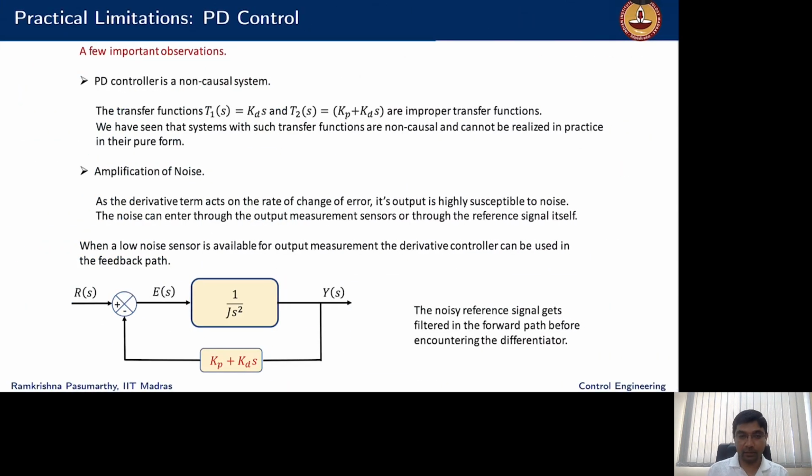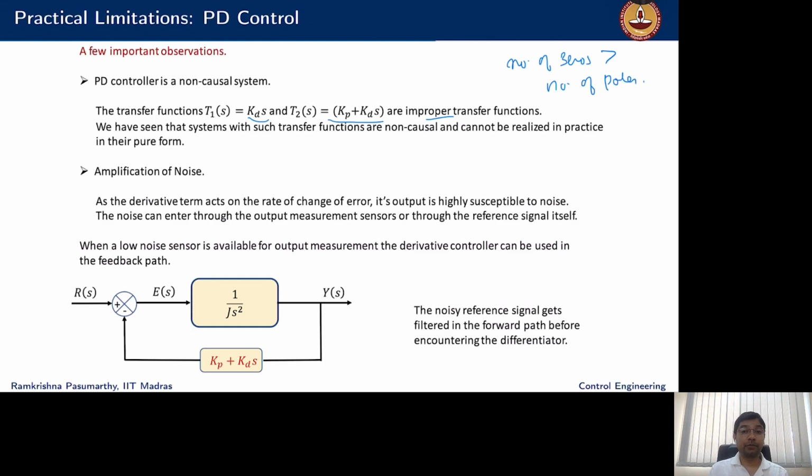Okay, what are the practical limitations here? If I just say I have two transfer functions, Kd times s and something like this, these are improper transfer functions, which means the number of zeros is greater than the number of poles.